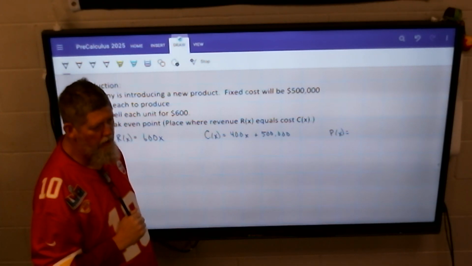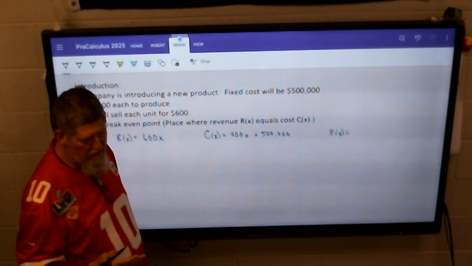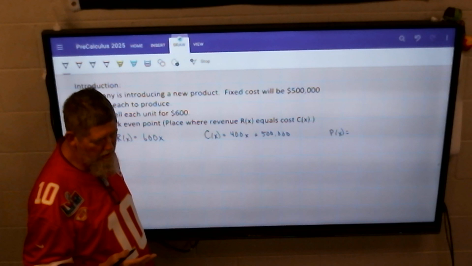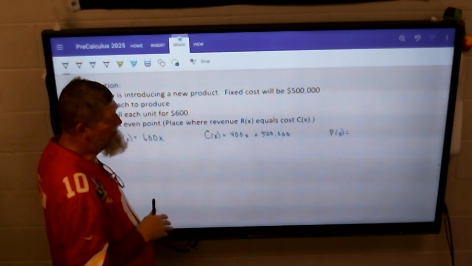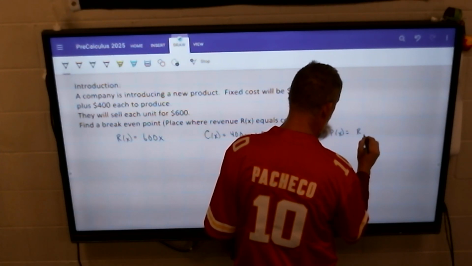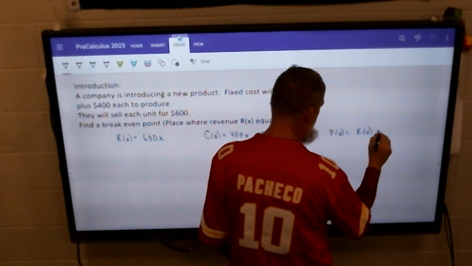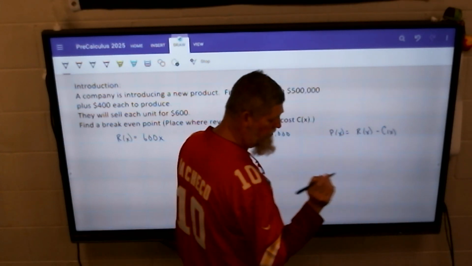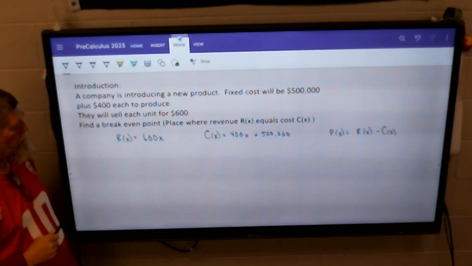So how do you calculate profit? Oh, 500,000. So rather than giving me 600x, you would tell me revenue. How much you bring in minus cost. It's revenue minus cost. So you're on the right track saying 200, but it's not quite that because you have that $500,000 deal. So profit equals revenue minus cost.